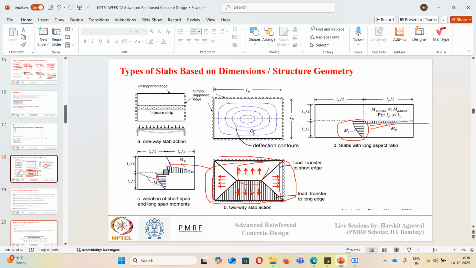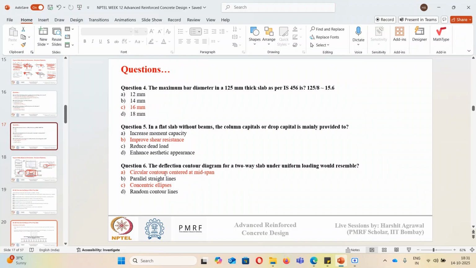At different segments, the deflection will take an iso-deflection line. By iso-deflection we mean that it is circular or elliptical but centered along the mid of the slab. So you can see either a circular contour or an elliptical contour centered at the mid span.